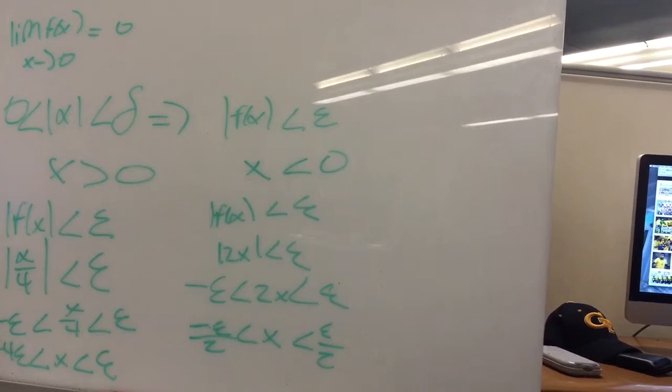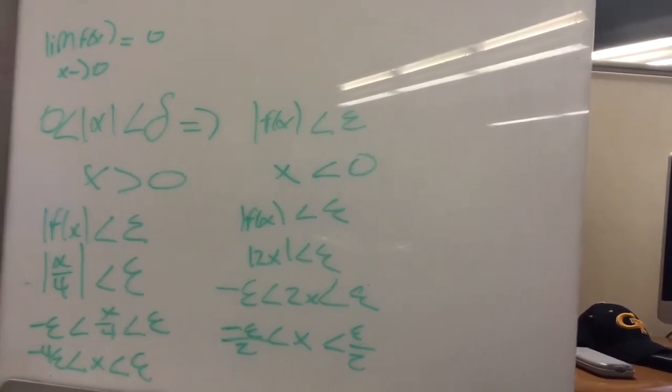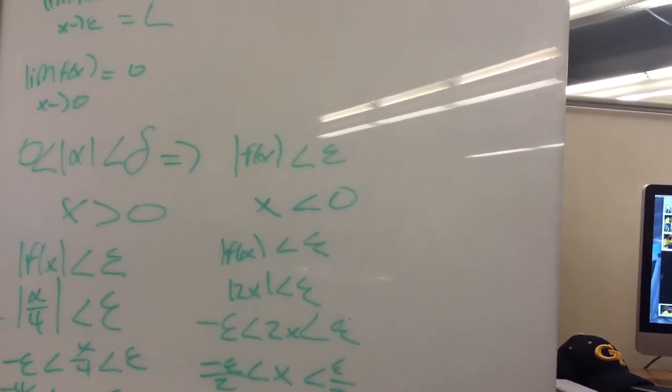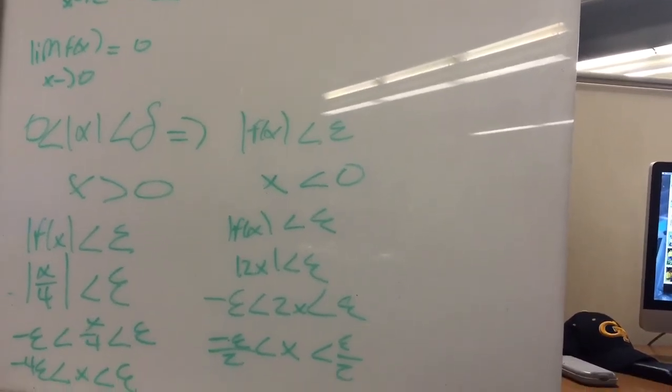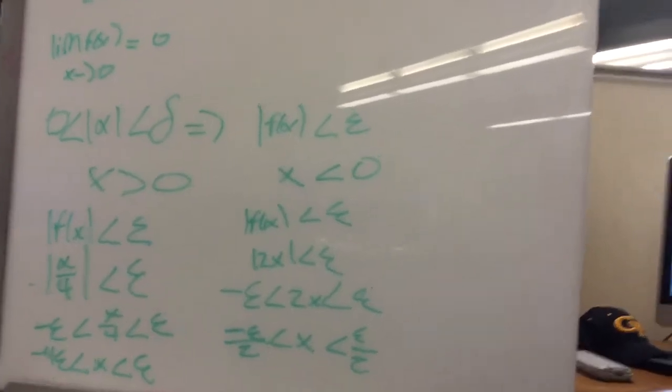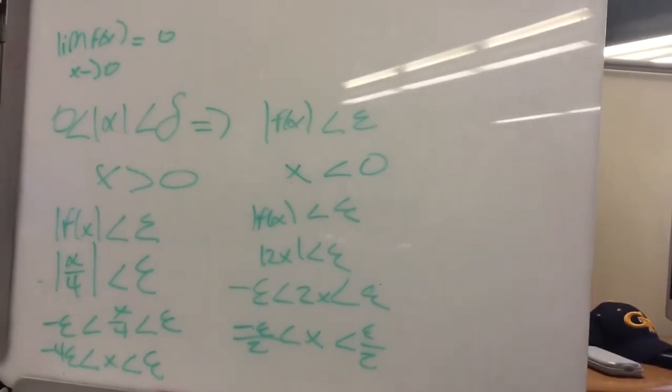So we're trying to find when the inequality absolute value of f of x is less than epsilon holds true for all numbers, positive or negative values.